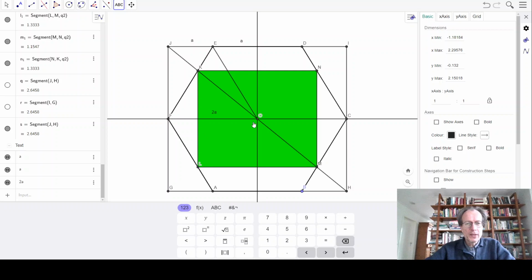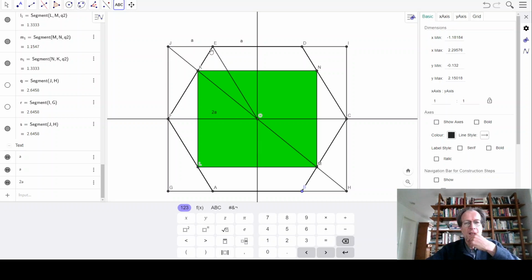But now you can see that because these are parallel lines, the triangle OKF has exactly twice the dimensions of, and is similar to, EKG.